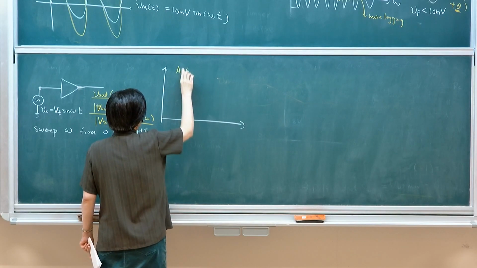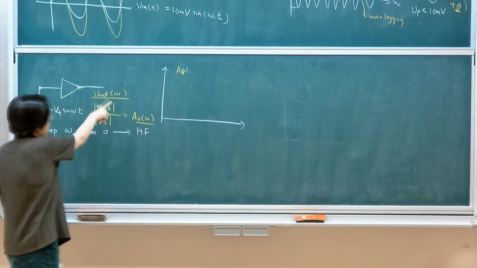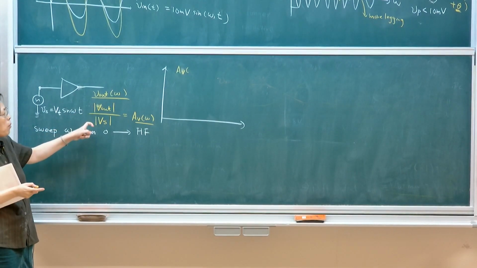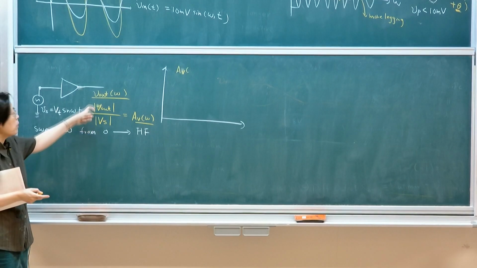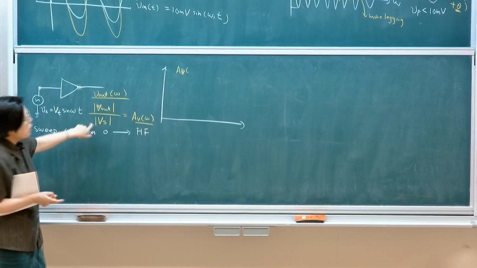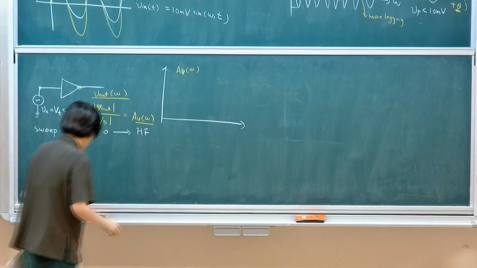So this will be my transfer function, voltage gain: the absolute magnitude of your output divided by the absolute magnitude of your input. So this will be your Vp divided by Vt, and then this as a function of frequency.